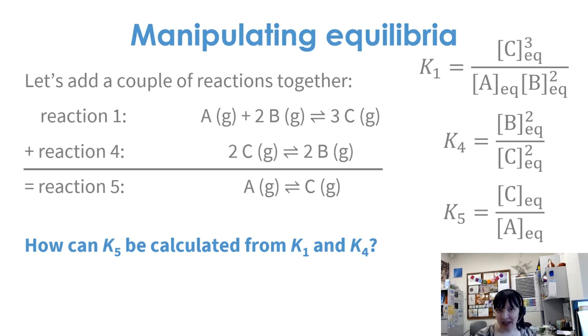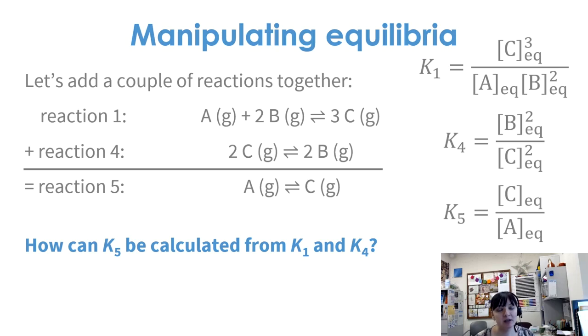Okay, so looking at my equilibrium constant expressions here, and trying to see what similarities or differences there are between K1 and K4 and K5, how I can imagine putting together my K1 and K4 expressions to make K5 is if I look at all of the products, so all of the numerators, versus all of the denominators, all of the reactants, and see how things can cancel out. For instance, if we look at the K1 expression, we see concentration of B squared in the denominator.